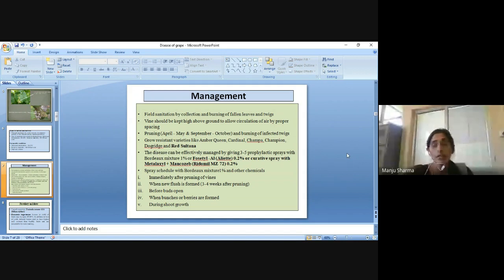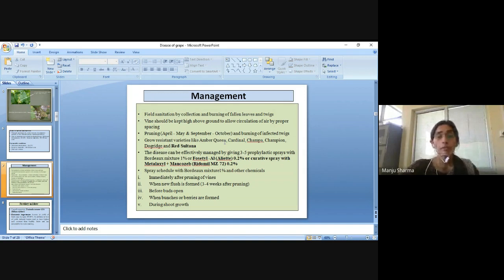Grow resistant varieties like Amber Queen, Cardinal, Champa, Champion, Dogridge, and Red Sultana. These are all resistant varieties of grapevine by which we can manage the disease.